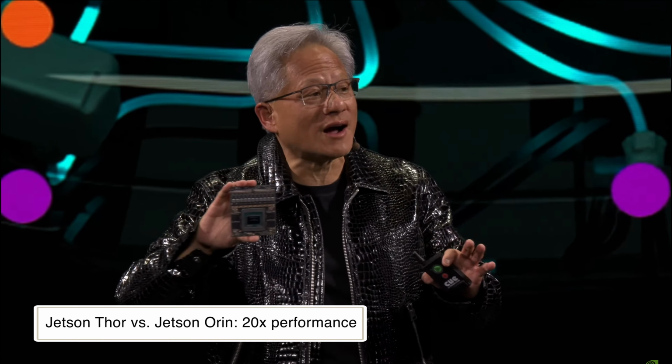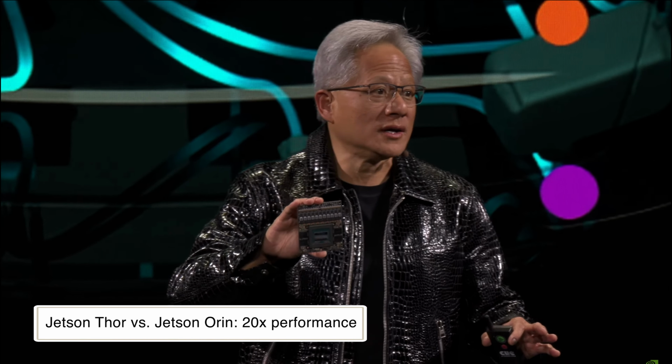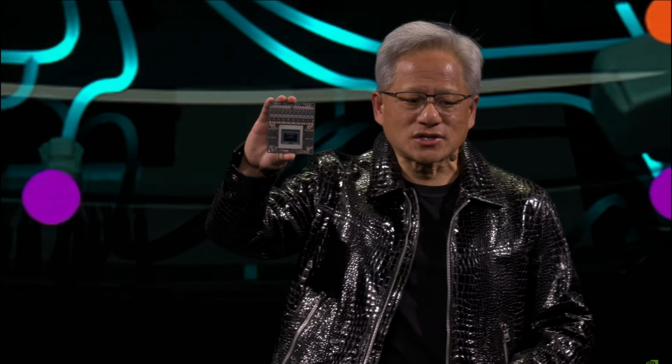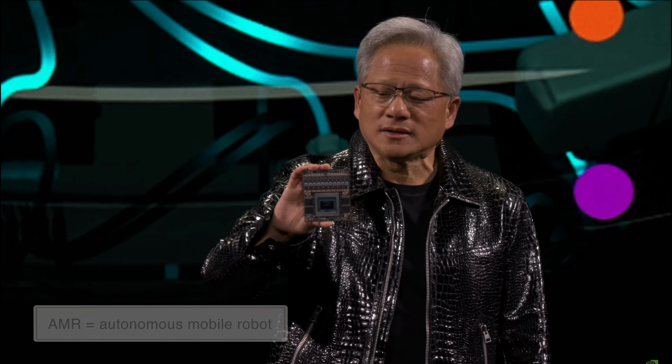And this AV computer is now in full production. Thor is 20 times the processing capability of our last generation Orin, which is really the standard of autonomous vehicles today. And so this is just really quite incredible. Thor is in full production. This robotics processor, by the way, also goes into a full robot. It could be an AMR, it could be a humanoid robot, it could be the brain, it could be the manipulator. This processor basically is a universal robotics computer.